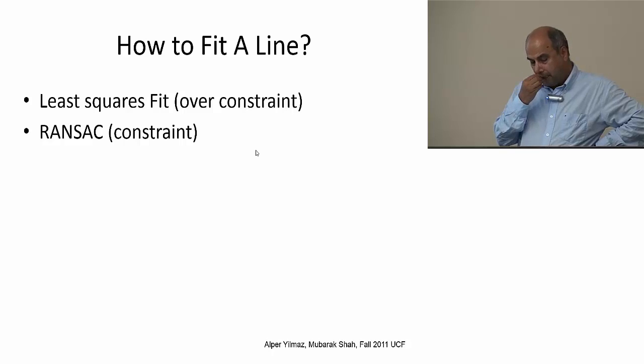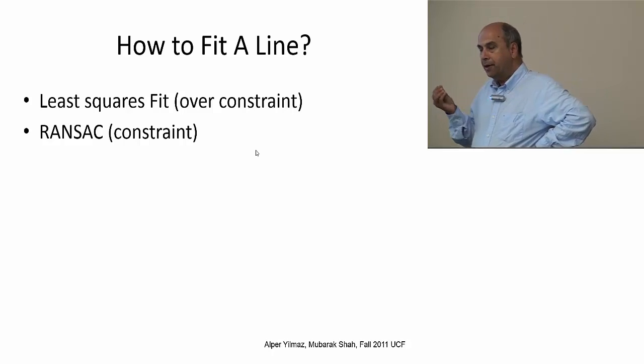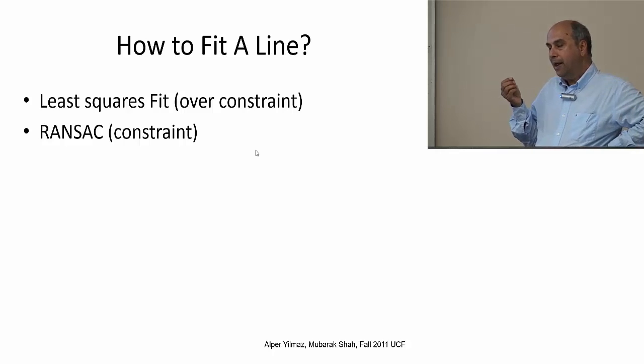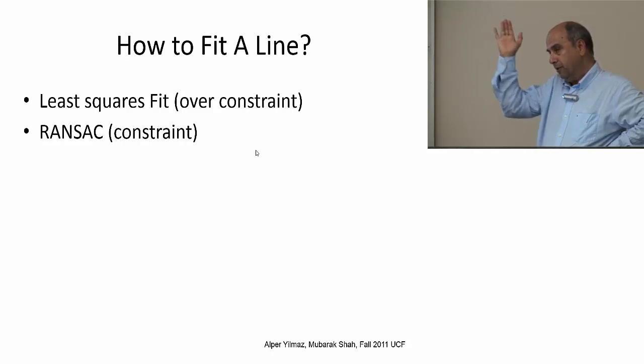The second thing is RANSAC, which is called random sample consensus. So let's say you have 100 points. Now, to find the parameters of a line, you just need 2 points, but you don't know which 2 points. It's because in those 100 points, there may be lots of outliers, some wrong points, and you will have a problem.